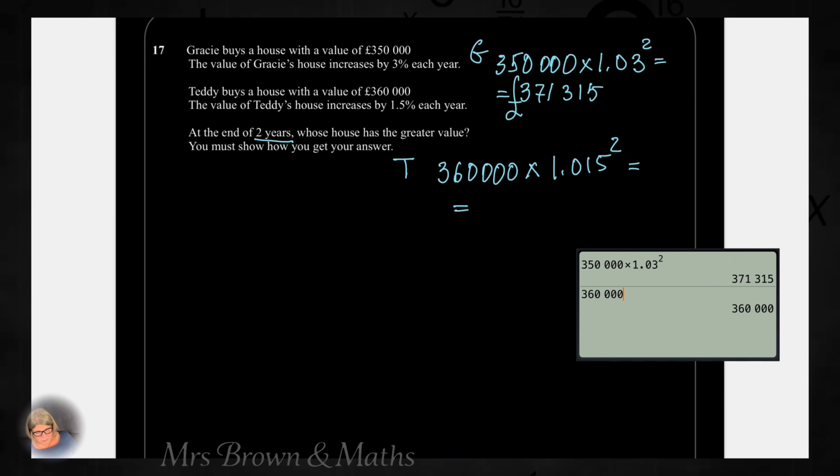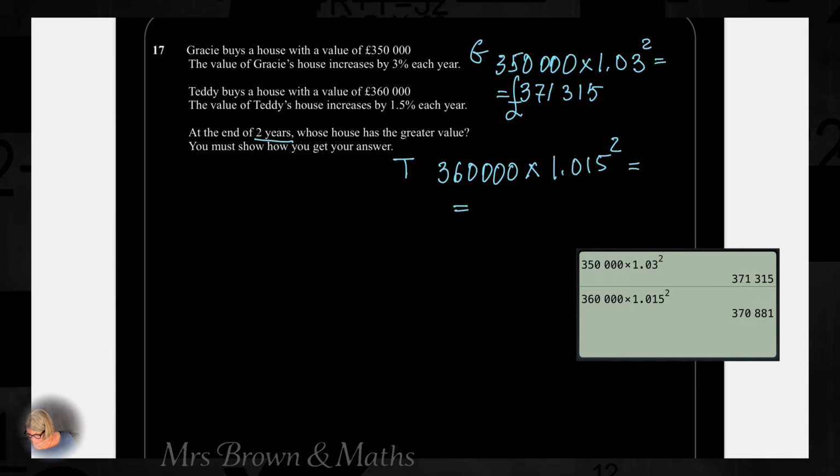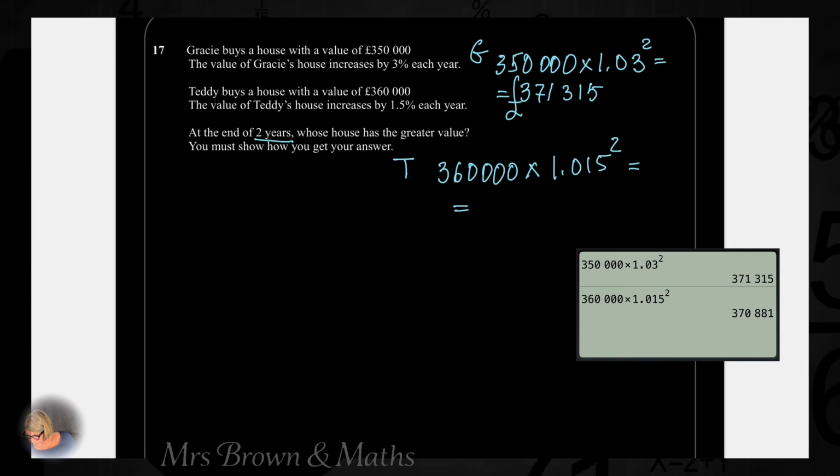Right, let's use our calculator. 360,000 times 1.015 squared.